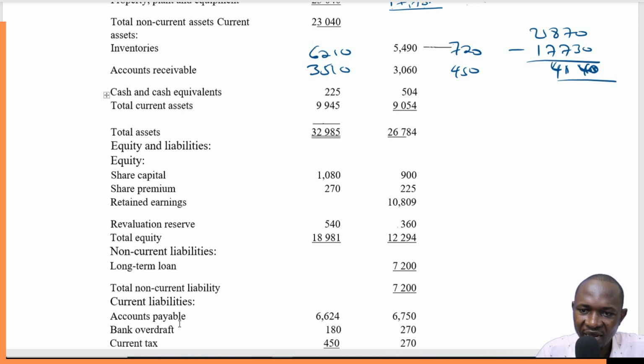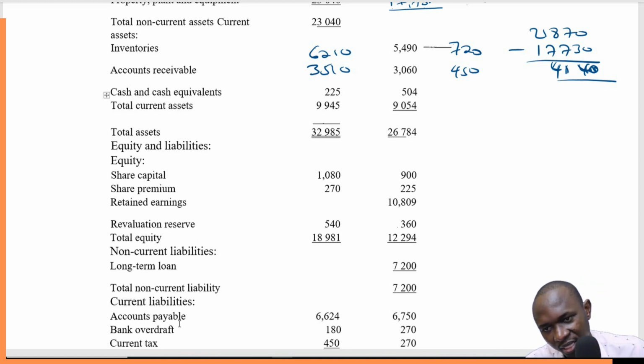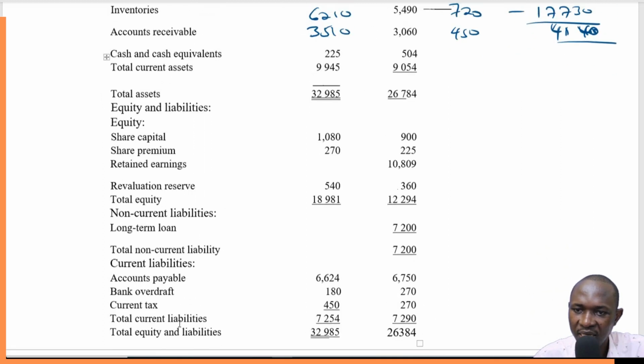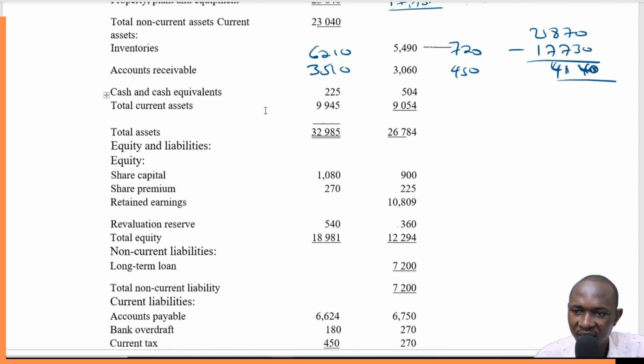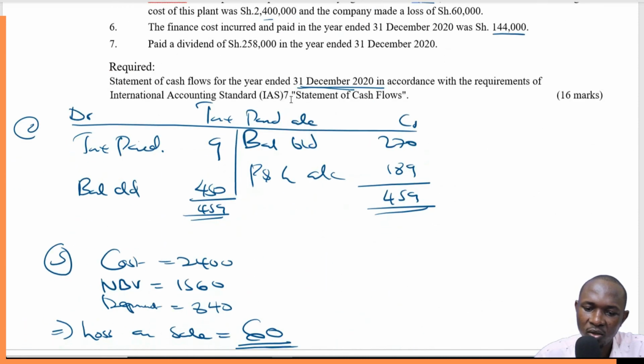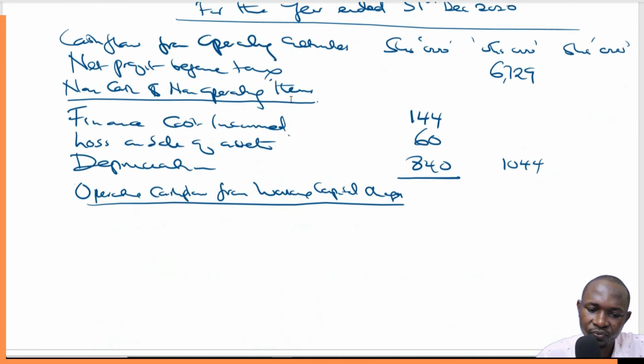Now, if current assets increase, especially inventory, it means money flowed out of the business. If accounts receivable increases, it means people are holding our money outside there. So they are treated as outflows. We simply say increase in inventory 720, and we show them as outflows.